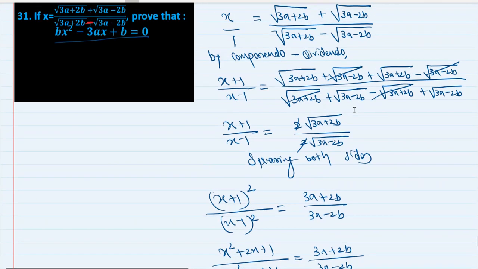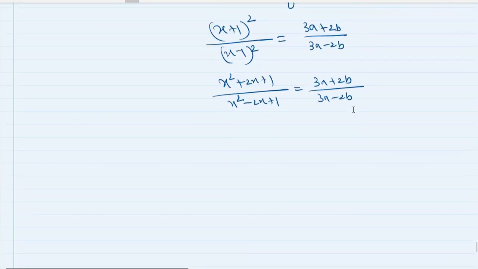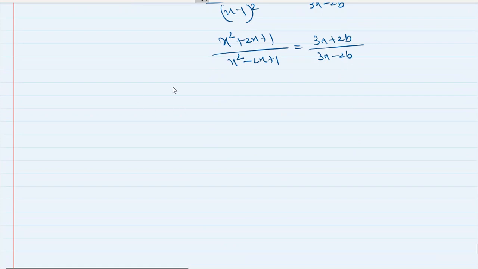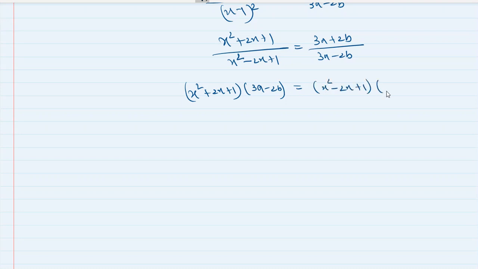Now for simplification, see what you have to prove. For simplification, just cross multiply. So you get x square plus 2x plus 1 bracket 3a minus 2b is equal to x square minus 2x plus 1 bracket 3a plus 2b. Multiply. So x square into 3a is 3ax square.